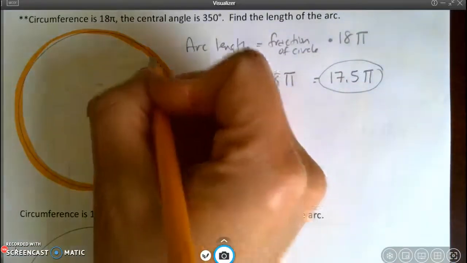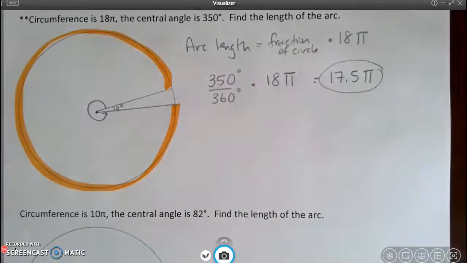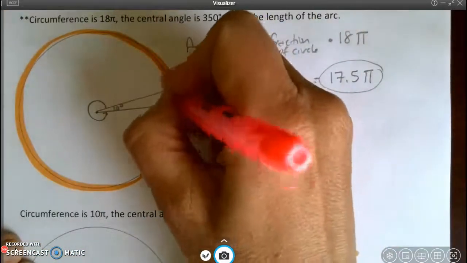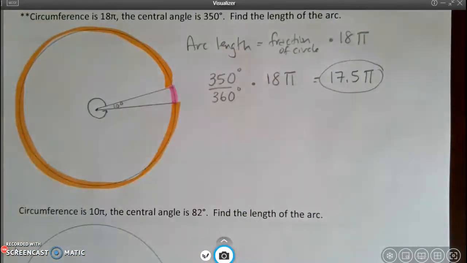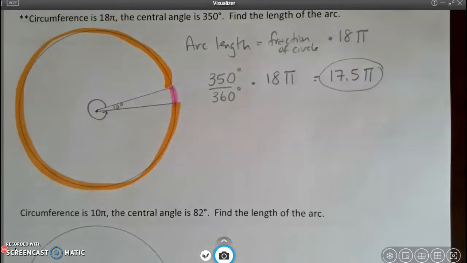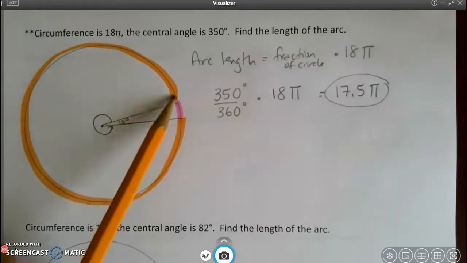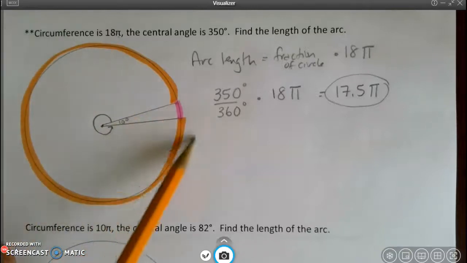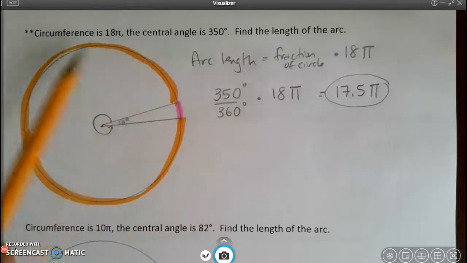Well, if this orange is 17.5 pi, and this right here that I can do in pink from the other page is 1/2 of a pi, 17.5 and 1/2 gives me 18 pi, which is the entire circle. So I just wanted you to see that this is 17.5 pi, and this is 1/2 of a pi, which gives me 18 pi.